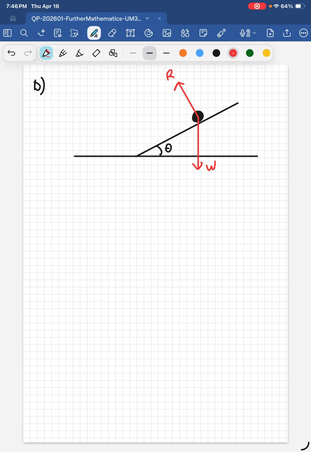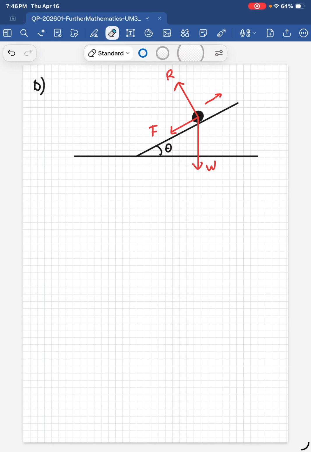So that's R. But now we also have the friction, and the friction is in this direction. And the reason is because the motorcycle will tend to move in this direction. Therefore, the friction is in this direction, okay? If this doesn't make sense, please mention it in the comments and I will provide a better explanation.